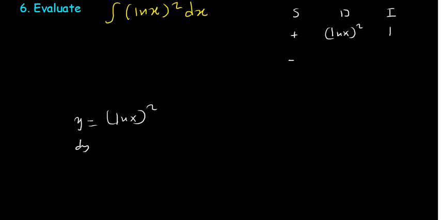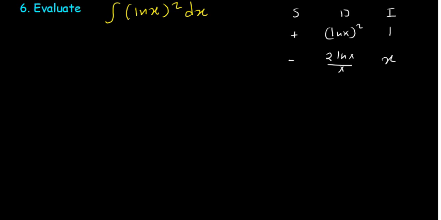So dy over dx is going to be equal to, first we drop the power, that is going to be 2, and then we write the natural log of x the way it is, power reduced by 1, so that will be power 1, so I can just write it the way it is, and then times, we now differentiate natural log of x, that will give us 1 over x. Therefore the answer here is going to be 2 natural log of x over x, and then integrate 1, that is going to give us only x.